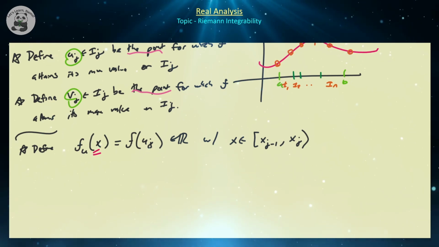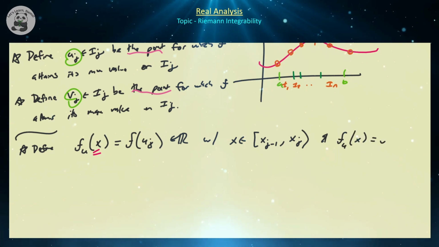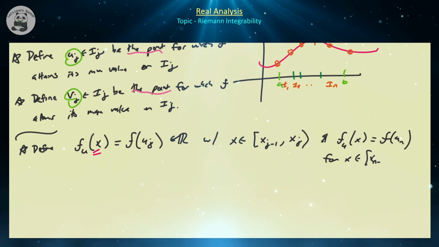And let's assume that f_u(x) is equal to f(u_m) if x belongs to the rightmost interval [x_{m-1}, x_m].